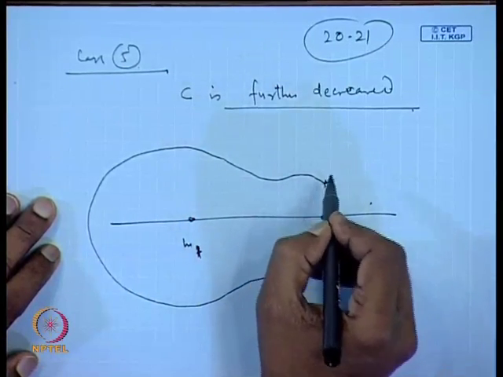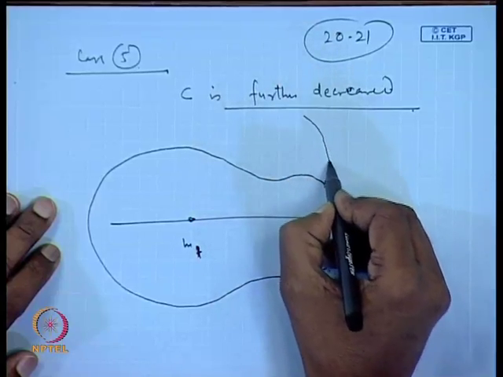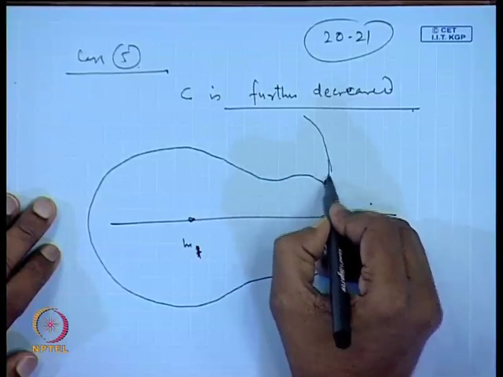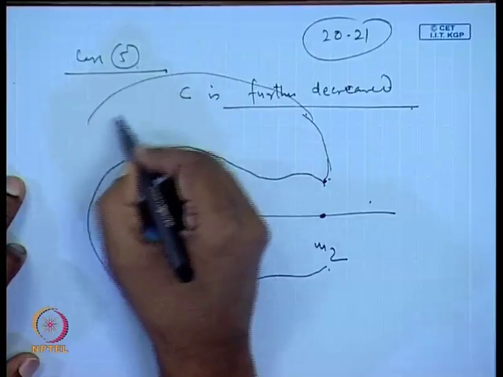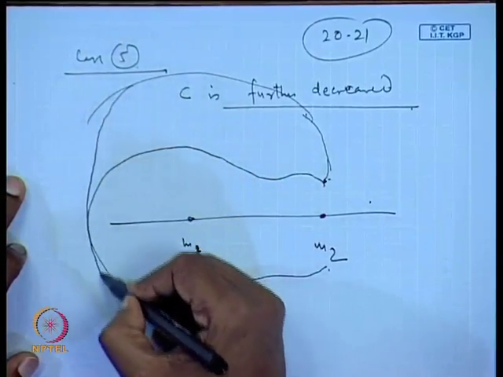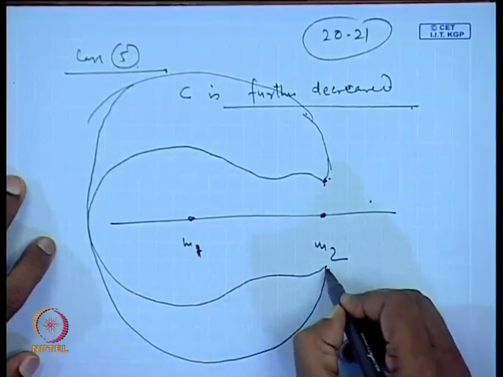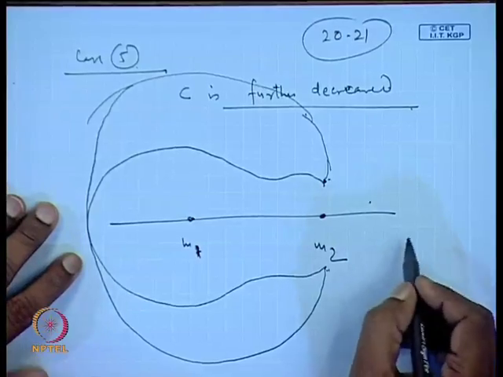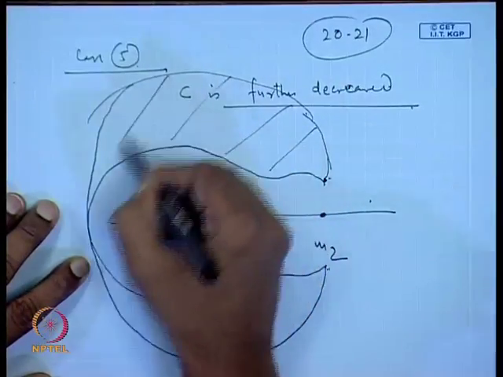The outer circle now merges with this. This merges with this. So, this area remains prohibited.